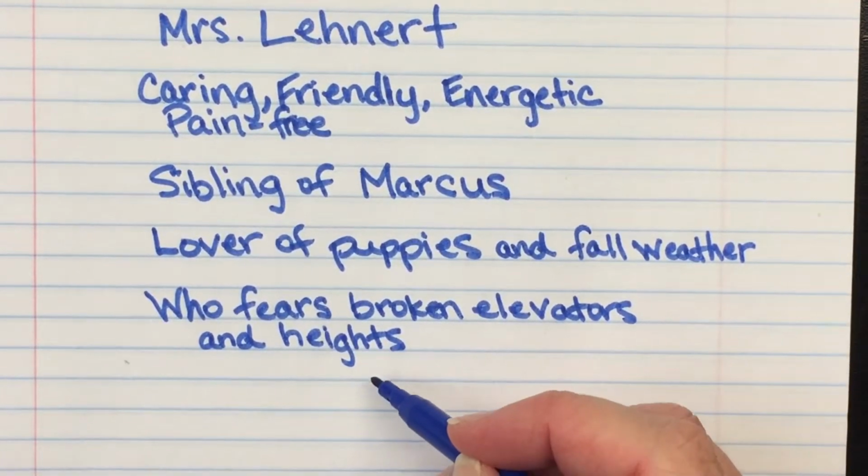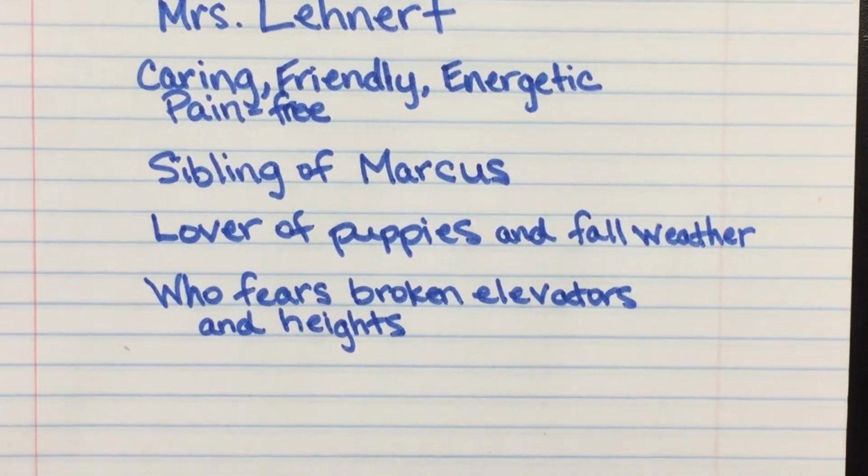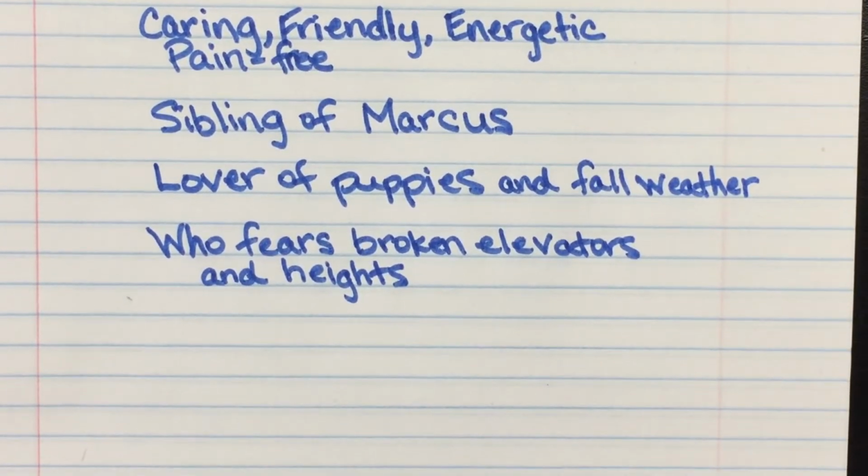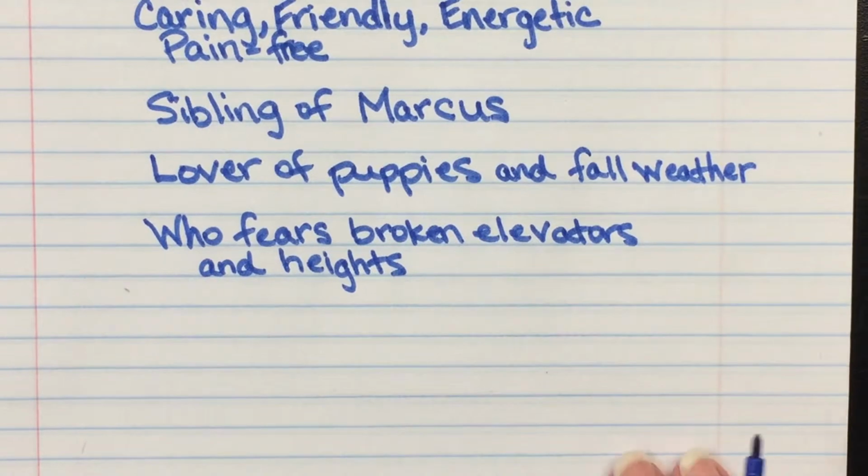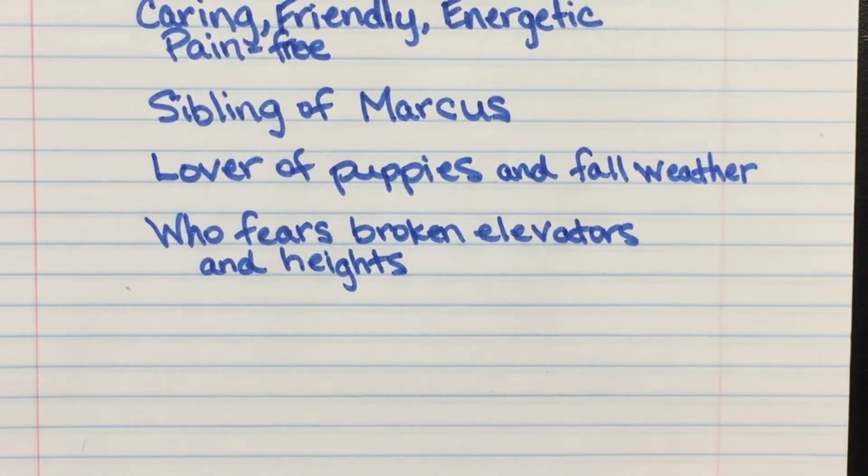Next, you're going to skip a line again. And now you are going to tell things that you would like, something that you would like to see someday. So this could be anything from a shark. Maybe you want to see a shark.